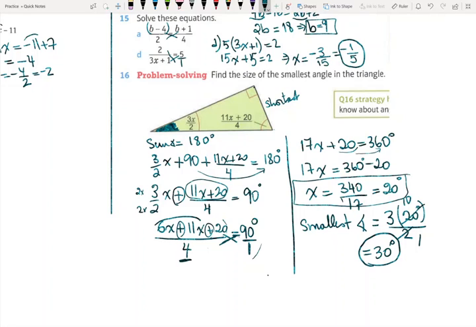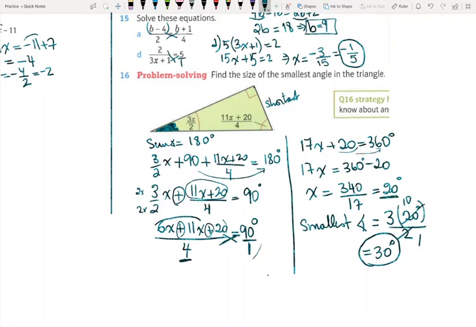Then we divide by 17. You have to give the reduced answer, so you don't keep it as a fraction when you can reduce more. So 340 divided by 17 is equal to 20 degrees.